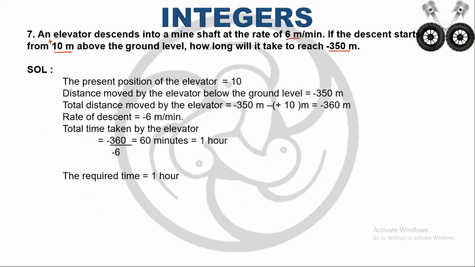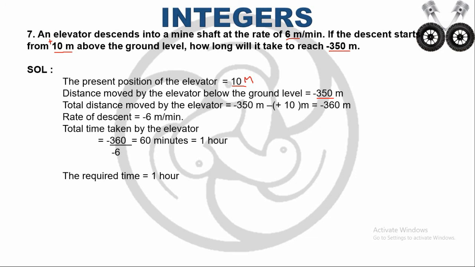Very first we have to write the position of the elevator. The initial position is 10 meters above the ground level, so that is plus 10. The position the elevator has to reach is minus 350 meters, that is below the ground level.